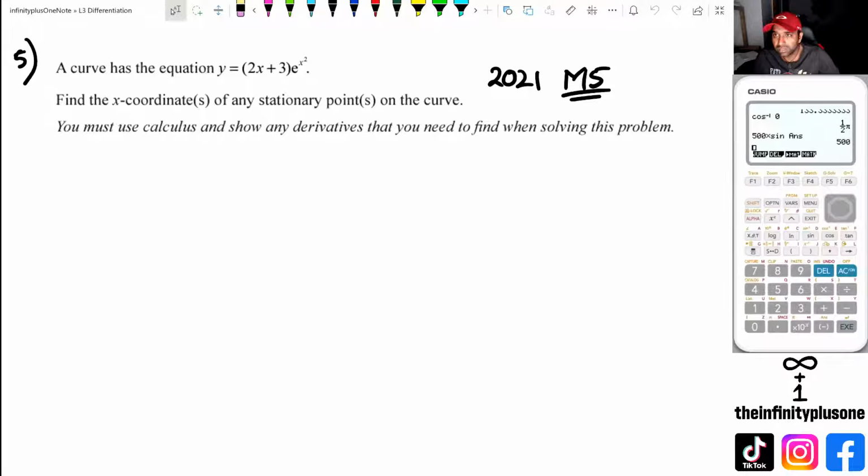So if you need a hint for this particular question, remember that it is using product rule at the moment.